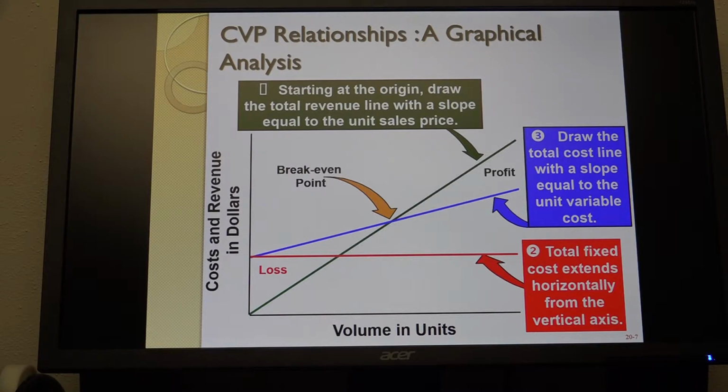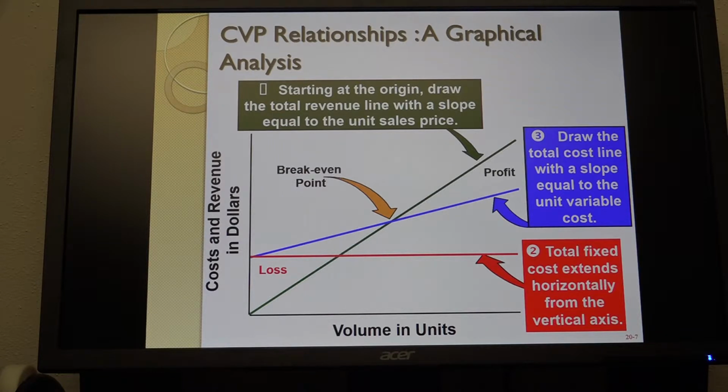The red line is your fixed cost. It extends horizontally. And then you have the variable costs. It starts at the fixed cost and goes up as activity, the number of units, increases. And note that there's a junction of the green line and the blue line called our break-even point.